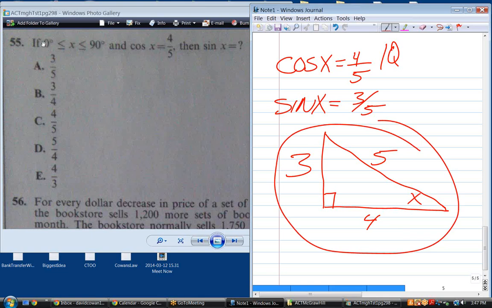As long as they tell you first quadrant, that's what tells you first quadrant. So you hope they give you a problem like this. Yeah, that's easy. What would the answer be if they said it was fourth quadrant?